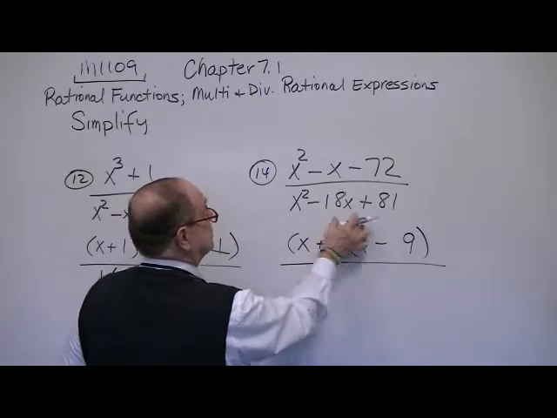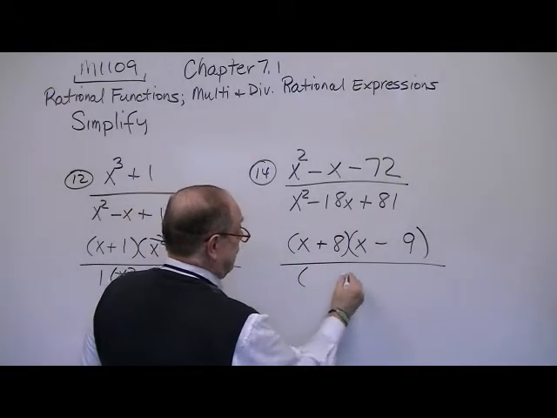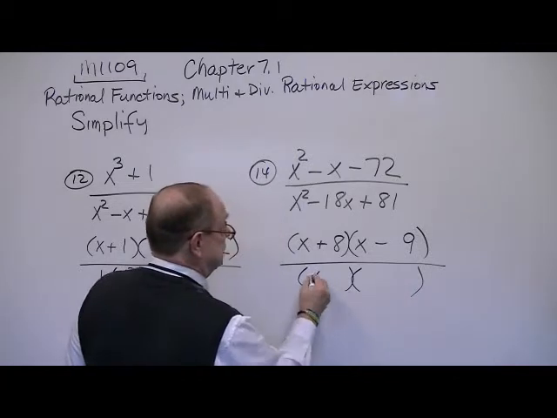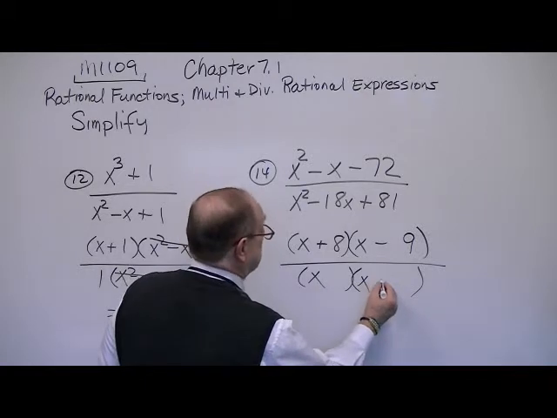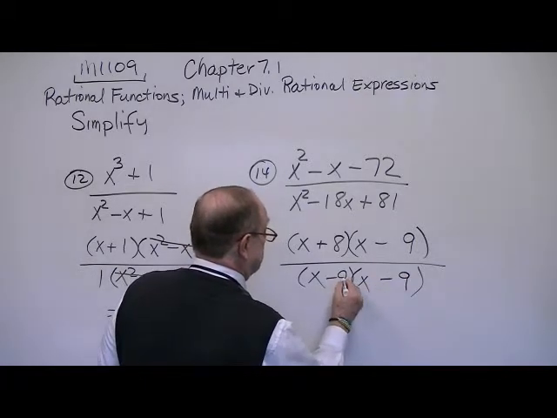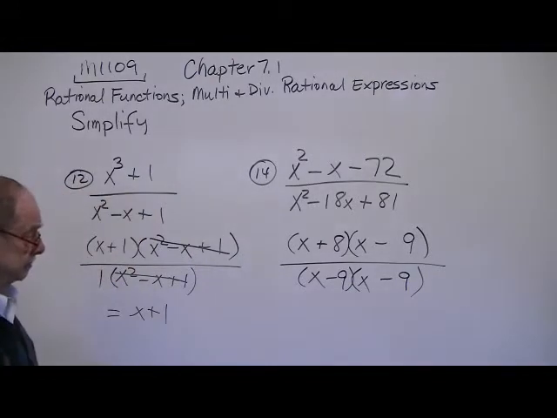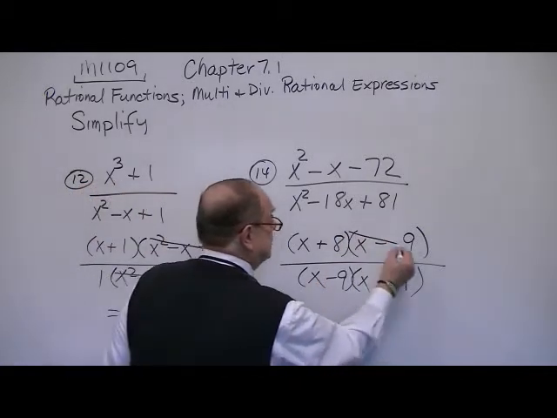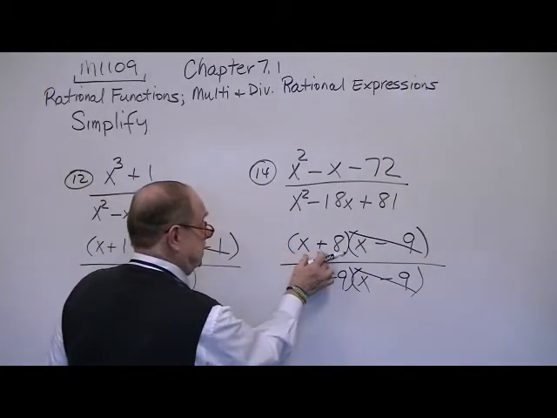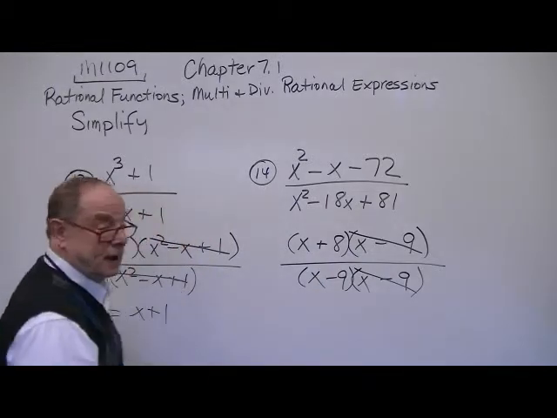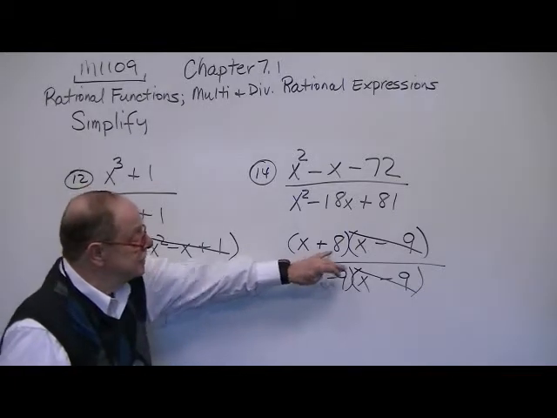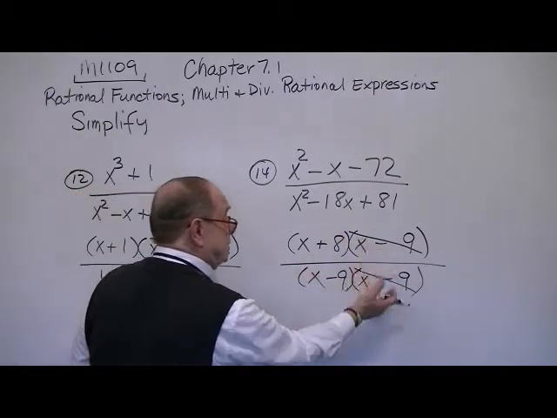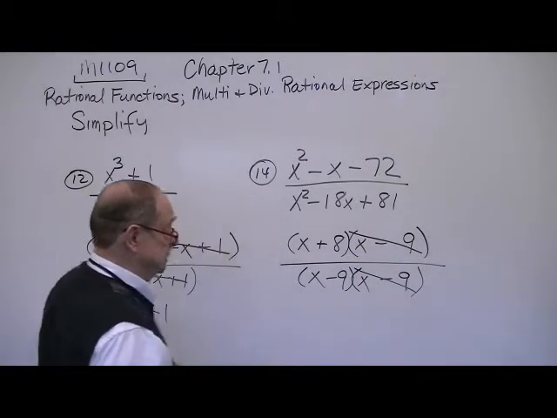And this is a perfect square trinomial that you may recognize will factor into its binomial square. And here we see the common factor. So this over this will be our final answer. And remember, you cannot factor out the x's because these are terms. You can only factor out common factors.